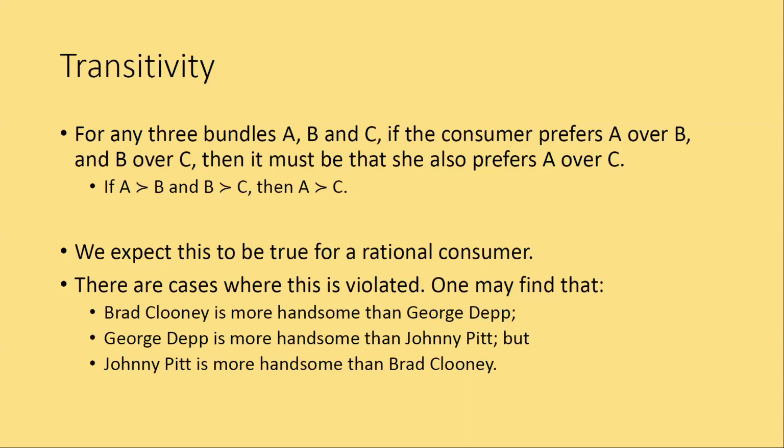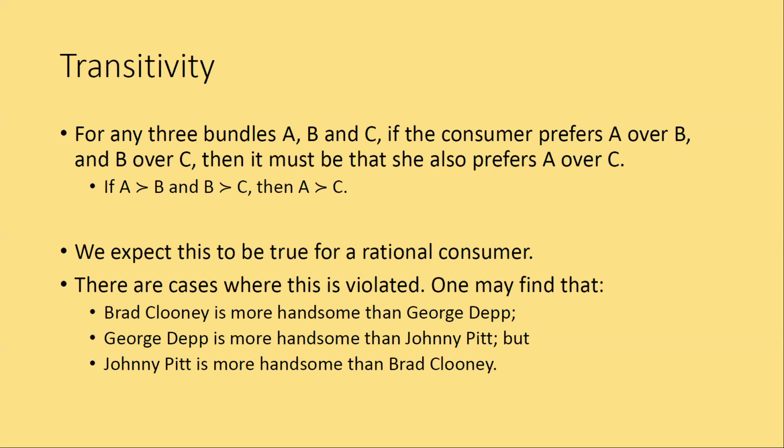So for example, when looking at the pictures of Brad Clooney and George Depp, someone may find that, okay, I think Brad Clooney is more handsome than George Depp. But when comparing the photos of George Depp versus Johnny Pitt, someone may find that, all right, I think George Depp is more handsome than Johnny Pitt.